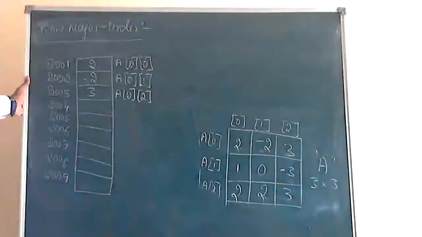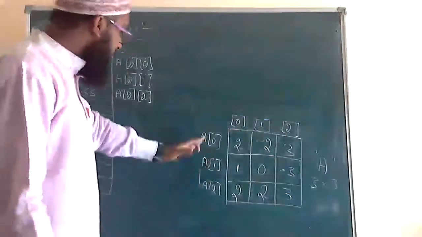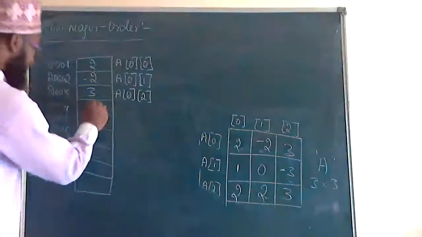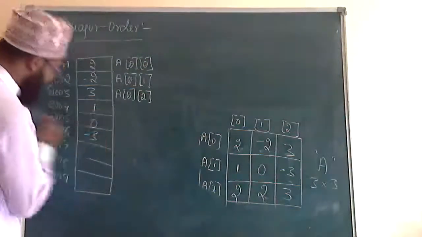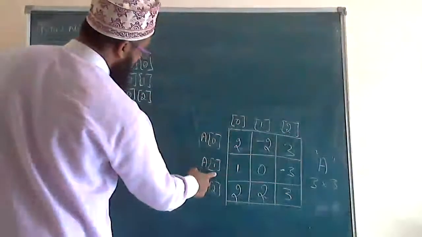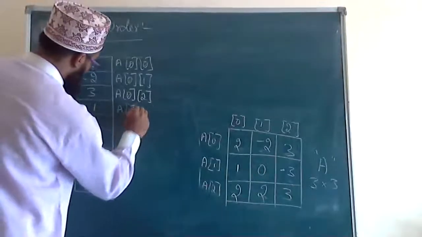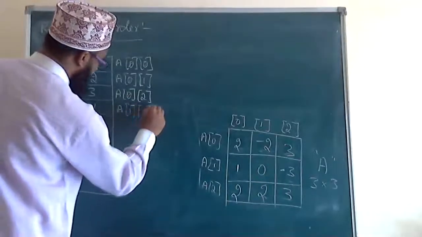First row elements are inserted. Next, the second row elements are going to be stored: 1, 0, minus 3. How can this be written? A of 1 0, and so on.